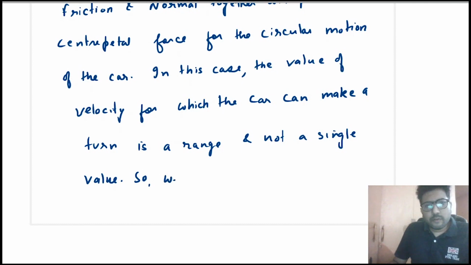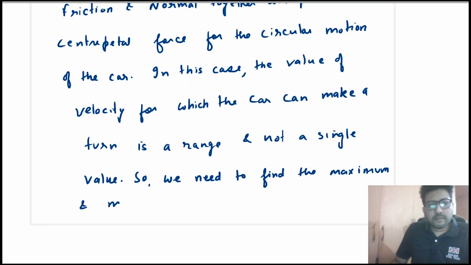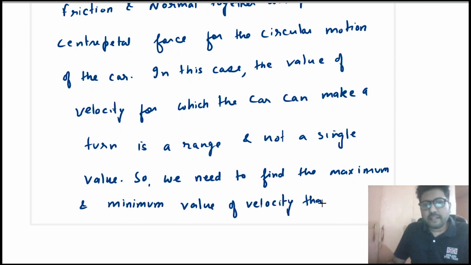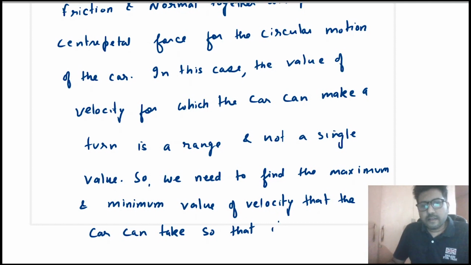So we need to find the maximum and minimum value of velocity that the car can take so that it can perform the circular motion.